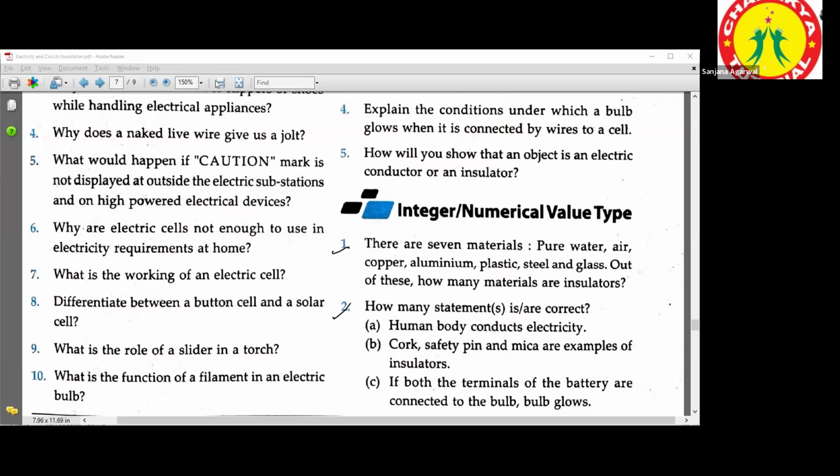Okay, Shreyans, girls. Shreyans and Neha only answered.